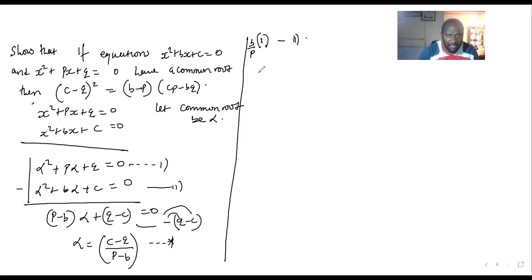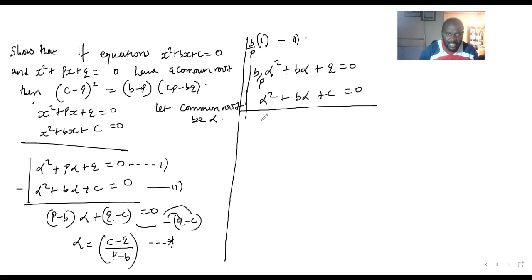If I multiply Roman 1 by b over p, I'll get b over p alpha squared plus b alpha plus q is equal to 0. Then the second term will be alpha squared plus b alpha plus c is equal to 0. Remember, I want to make alpha get lost. So to remove alpha, we have to subtract. On subtraction, I'll get b over p minus 1 times alpha squared plus q minus c is equal to 0.